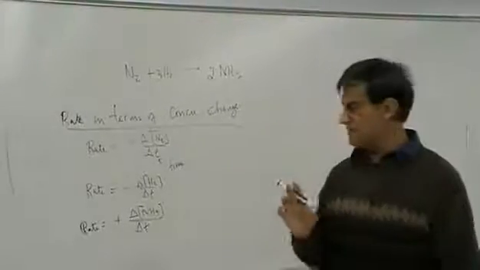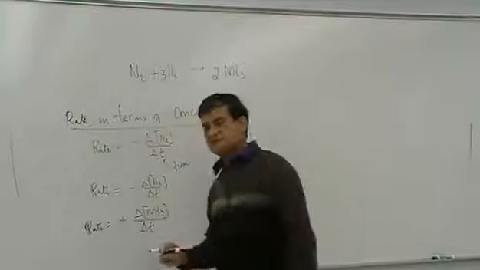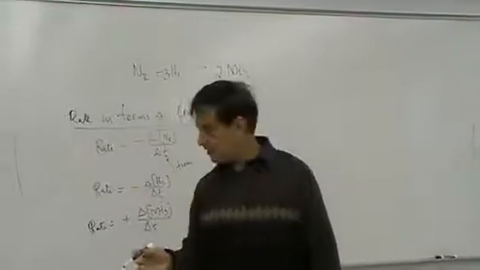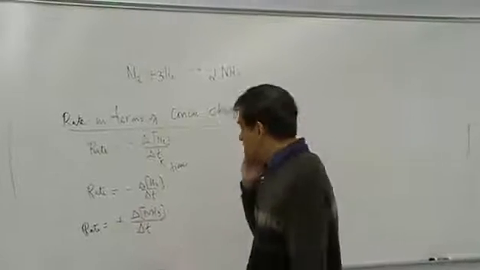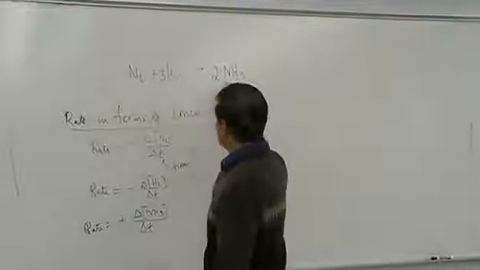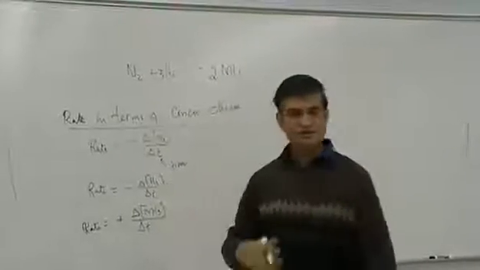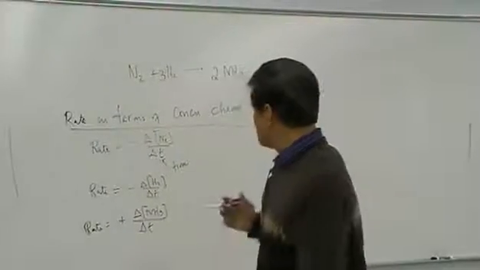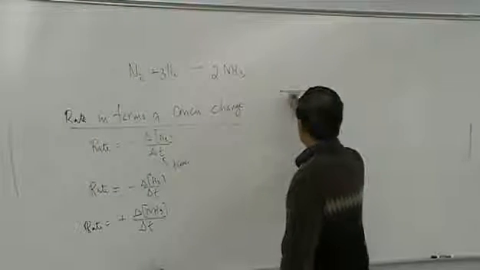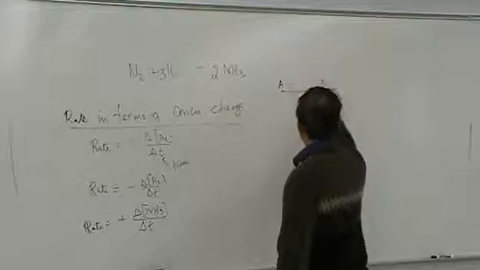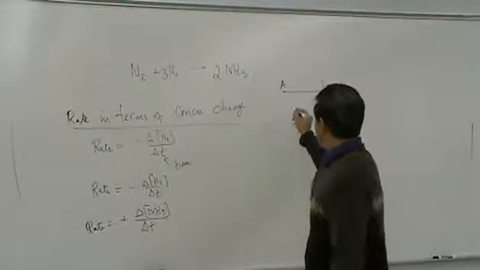So keep something in mind. For each chemical species, there will be 1 rate. It's like if there are 3 joggers jogging, for each jogger there will be 1 rate. So they're all changing in concentration with time. Now I can compare these with your jogging rate. If somebody is jogging from point A to point B, how are we going to get the rate?